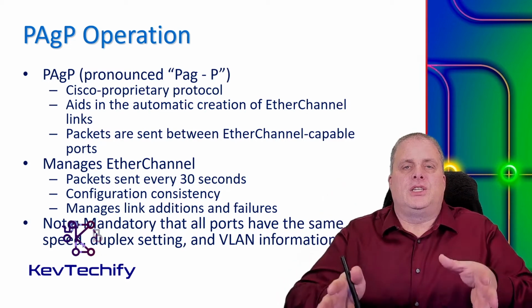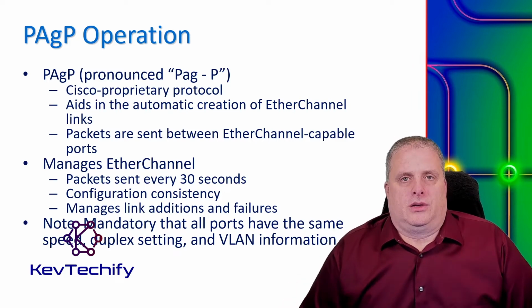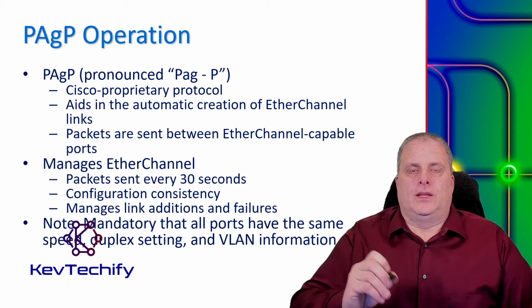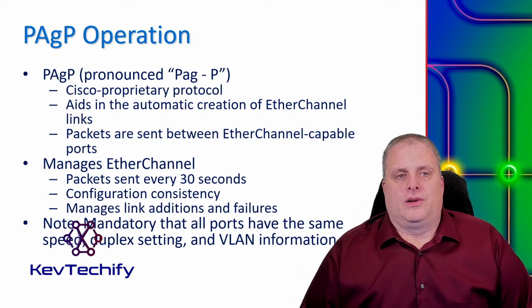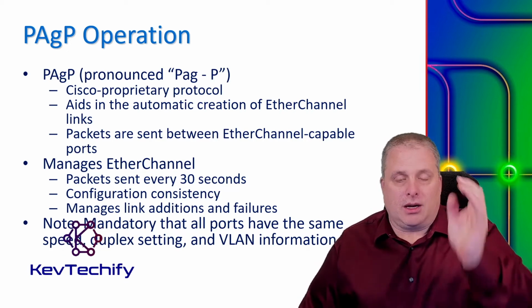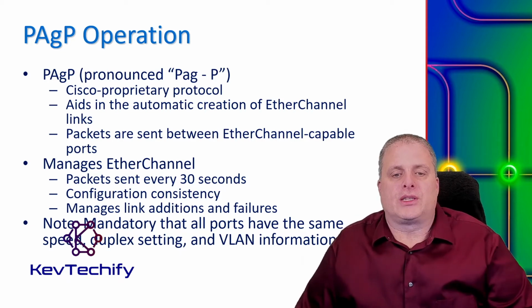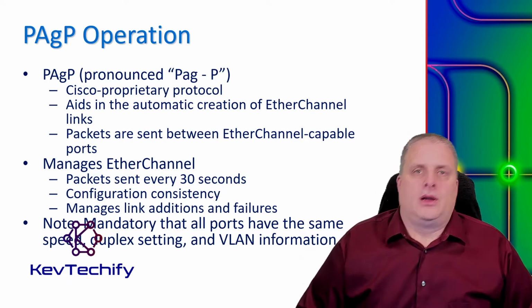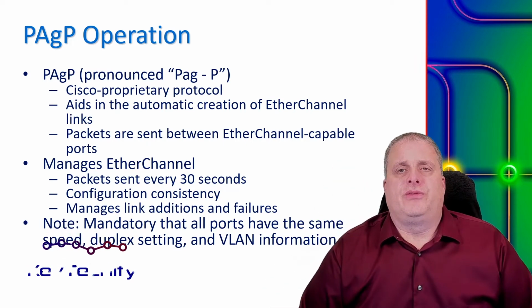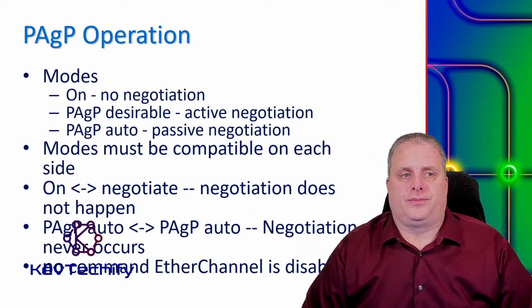It manages the links. It can even handle additions and failures. It's mandatory for PAgP that all the ports have the same speed, meaning 100 megs, gig, 10 gigs, the same duplex, full duplex or half duplex, and the same VLAN information: native VLAN, VLANs allowed. So you've got to make sure that's all configured correctly. But then PAgP will take over for you.